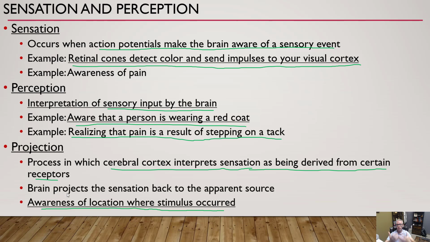You are now in projection. You are fully aware that you've stepped on a tack. You're yelling at your dog to get out of the way because now your dog's barking. Anyway, so sensation, something's going on. Perception, you're kind of aware of what is happening. Projection, you're fully aware of what's going on.